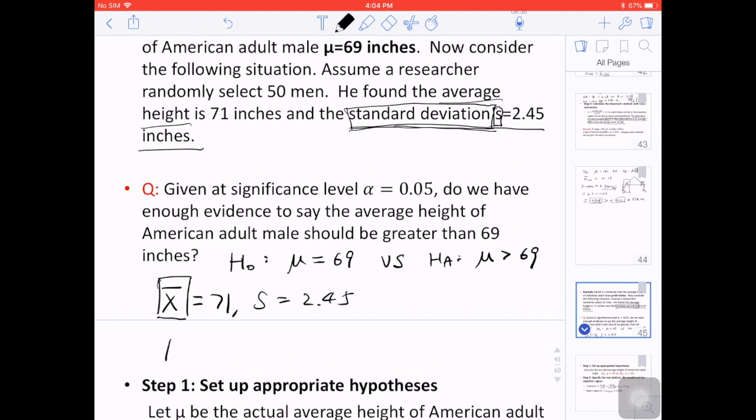So I'm going to use t. t is equal to x bar minus mu divided by s divided by square root of n. This follows a t distribution with degrees of freedom n minus 1. Because n is equal to 50, the degrees of freedom should be 49, right?